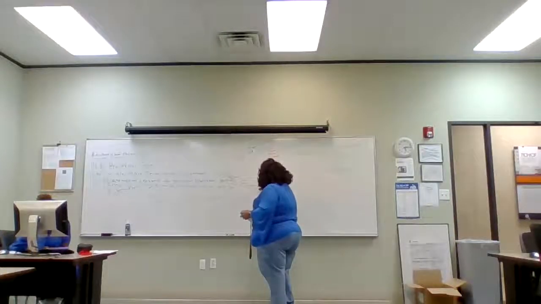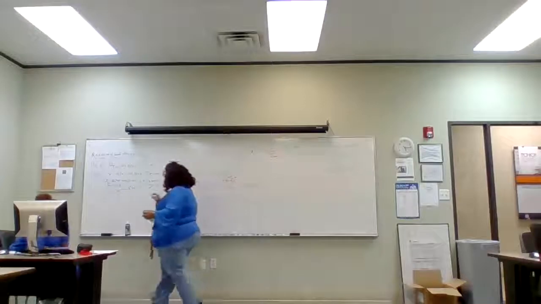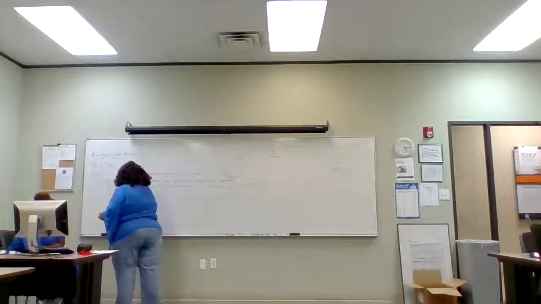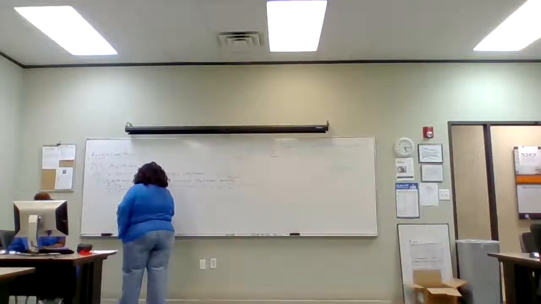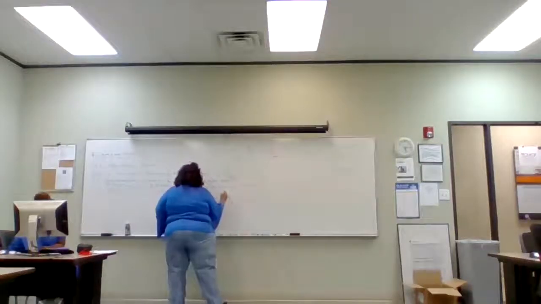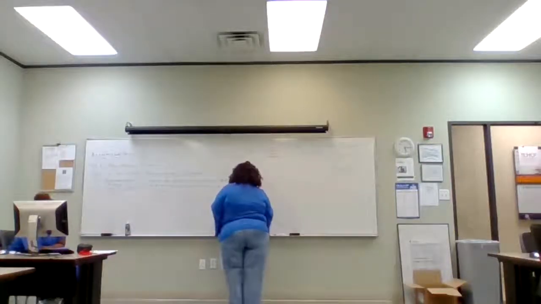Then you have their SOAP notes. I'm going to put SOAP notes here. All of this is comprised in the EMR, and I'm going to be kind of all over the board, so you're going to have to follow me really close.